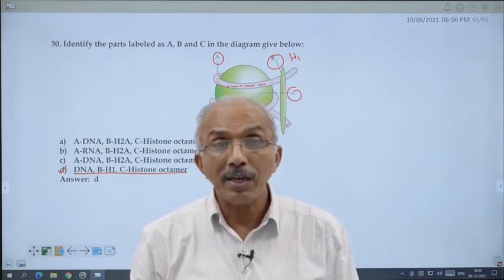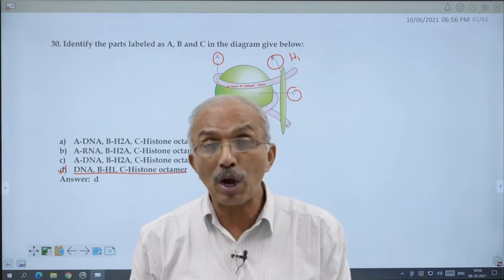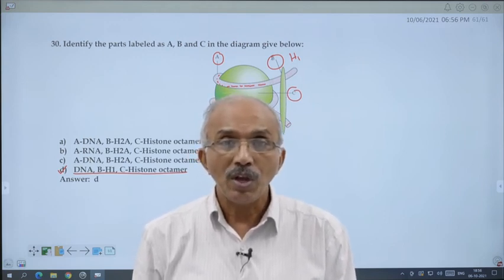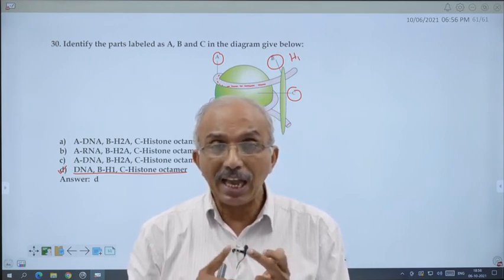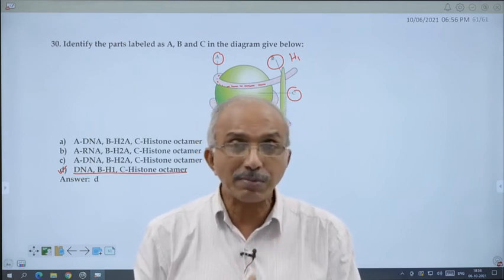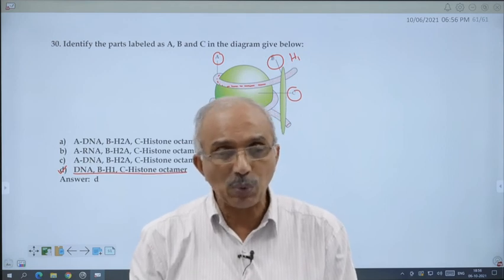Histone octamer is a group of 8 histone molecules, 2 each from H2A, H2B, H3 and H4. 4 types of histones are involved. The 5th type is H1.